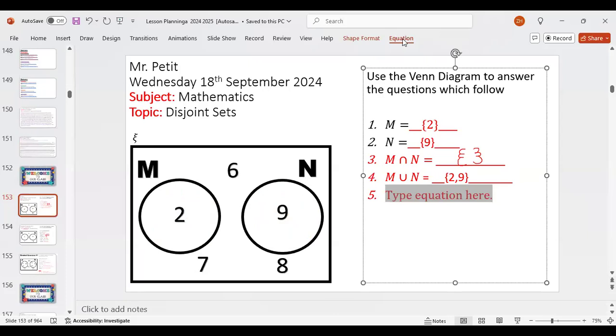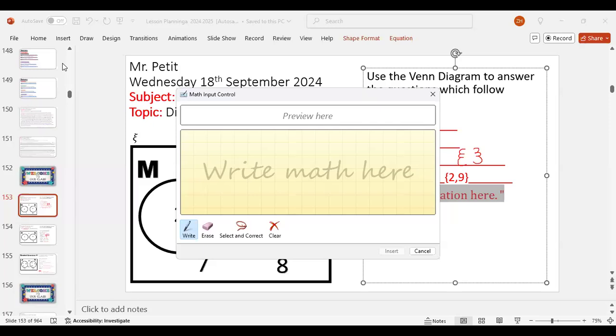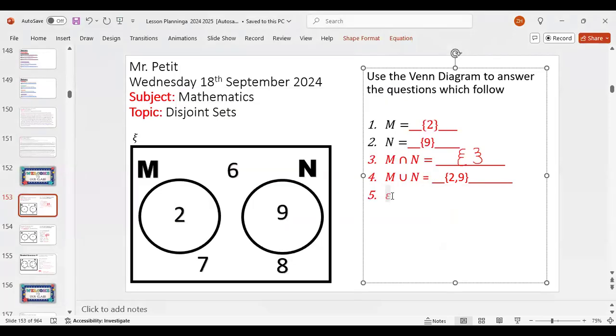Let me write it properly. Epsilon, I want this. And what do we mean by this? Does anyone remember? What is meant by this? The universal set. Very good. So tell me what's inside the universal set.